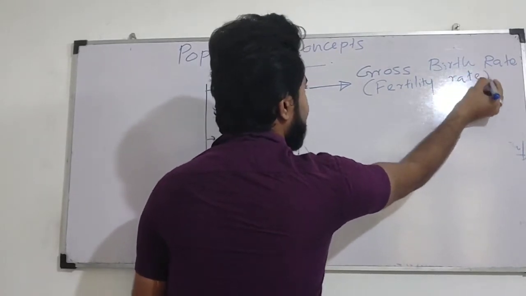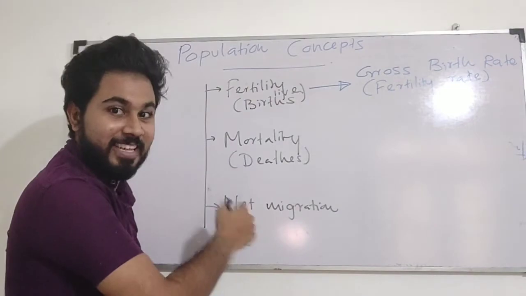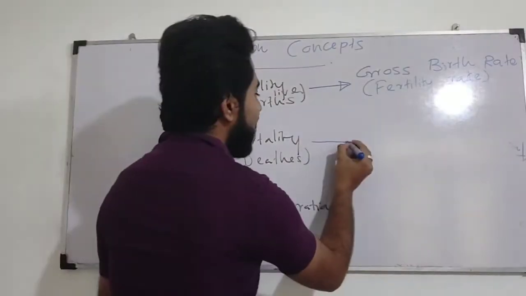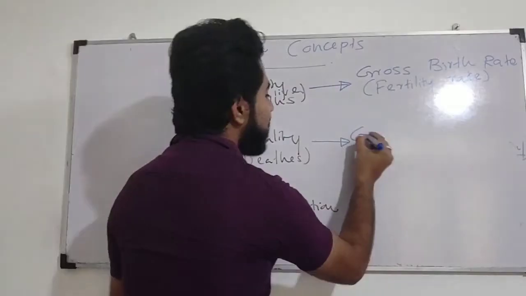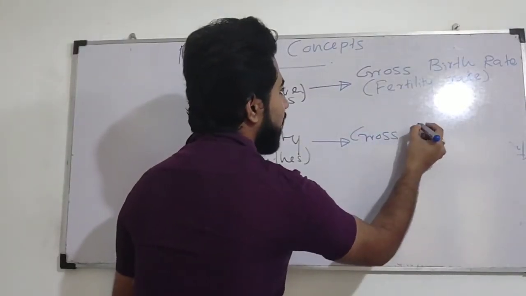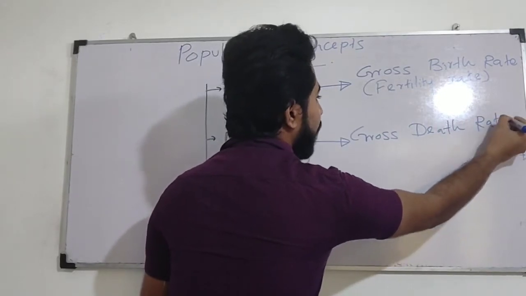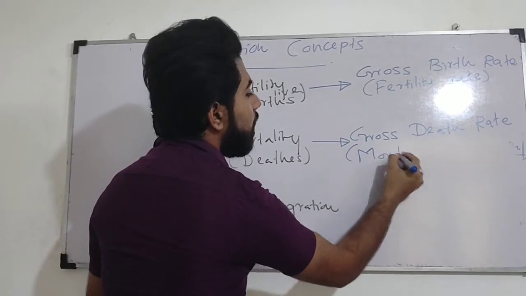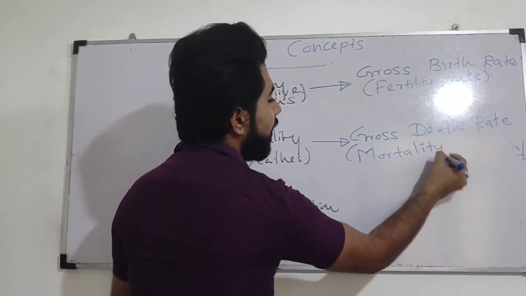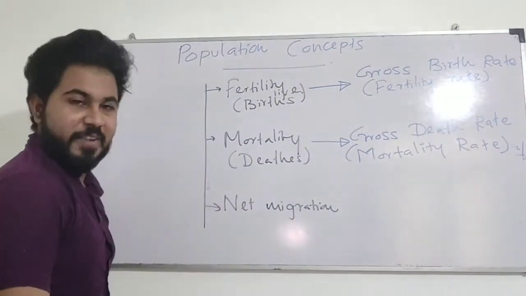And with regard to mortality, that means death cases, we will discuss the second part. What is that? Gross death rate. We also technically mention this as a mortality rate.